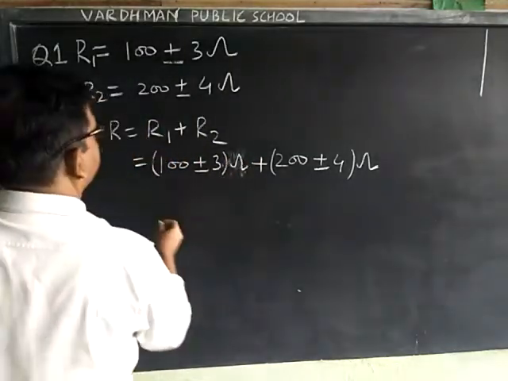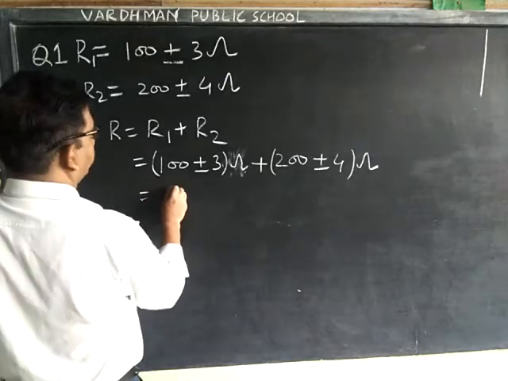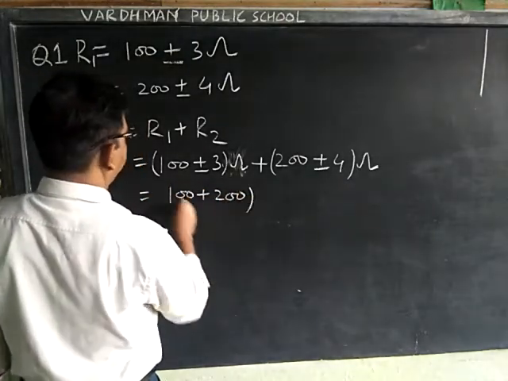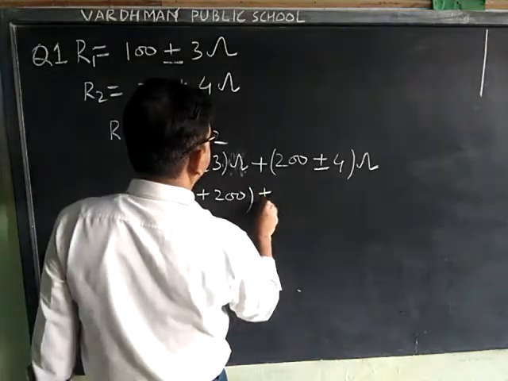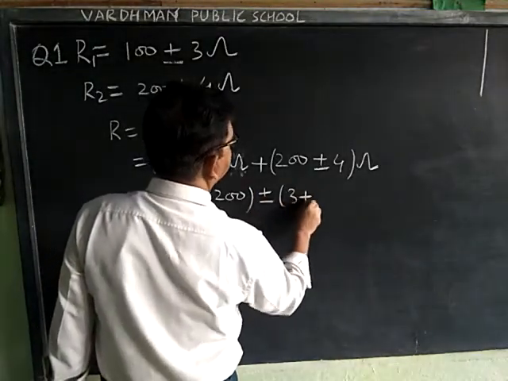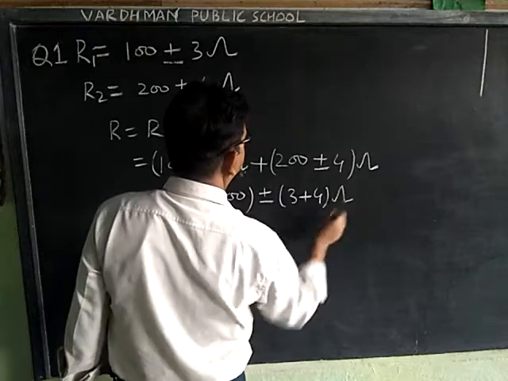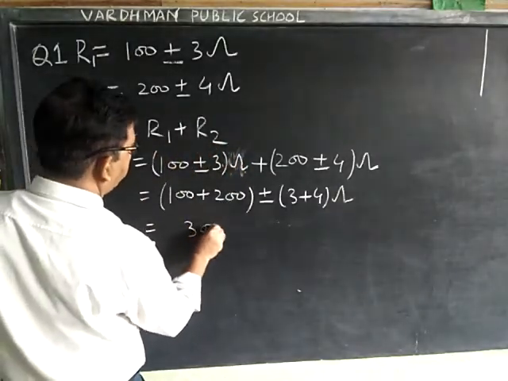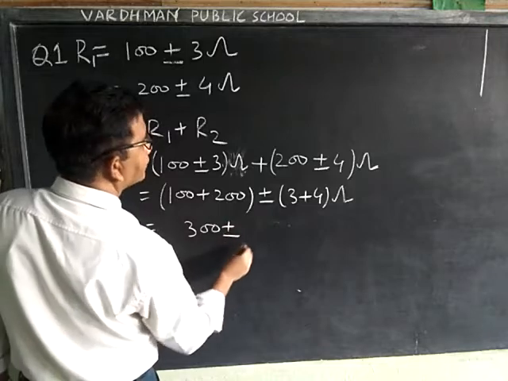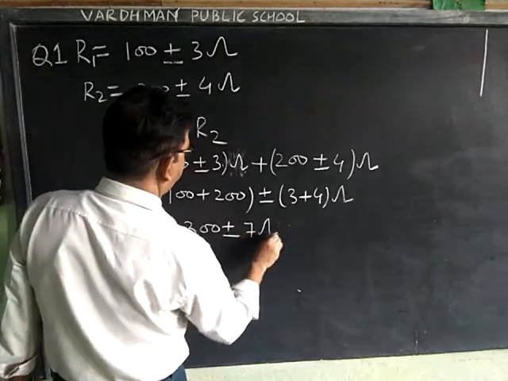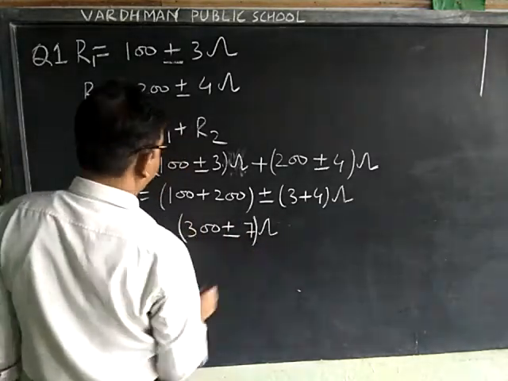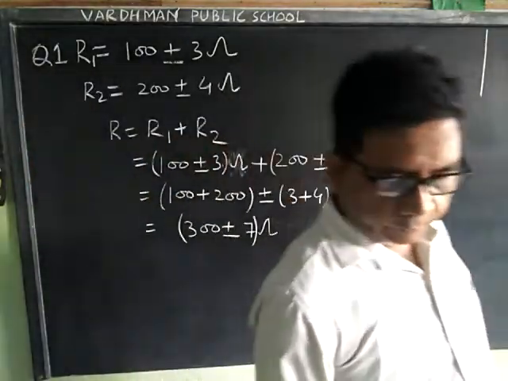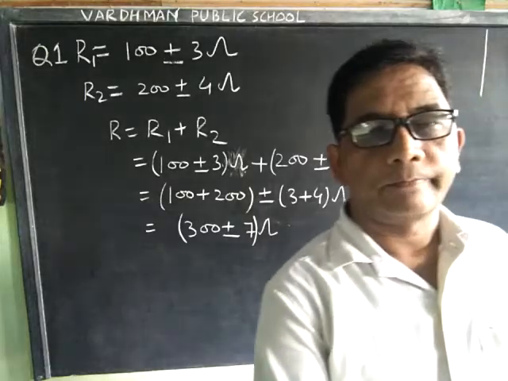Now we can write this as 100 plus 200 plus minus 3 plus 4 ohm. Then it becomes 300 plus minus 7 ohm. This is my first question.